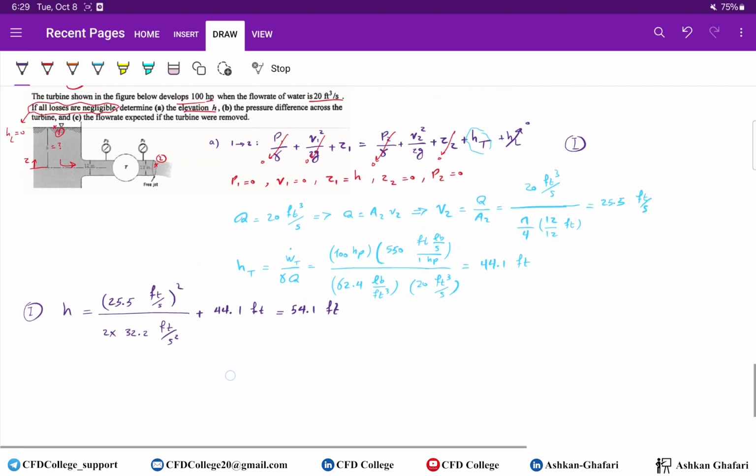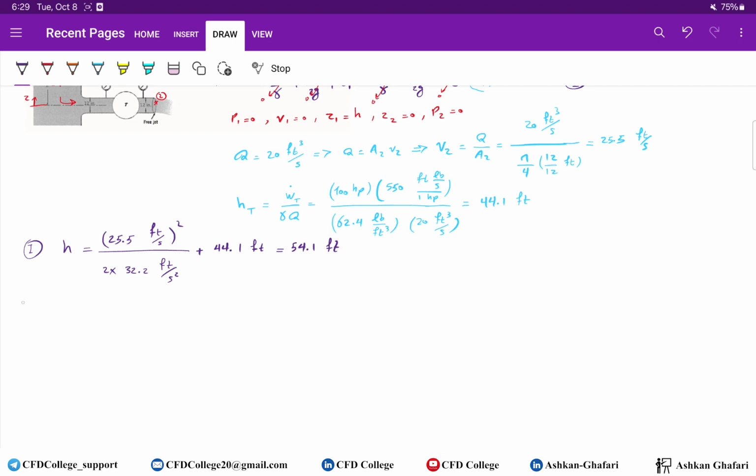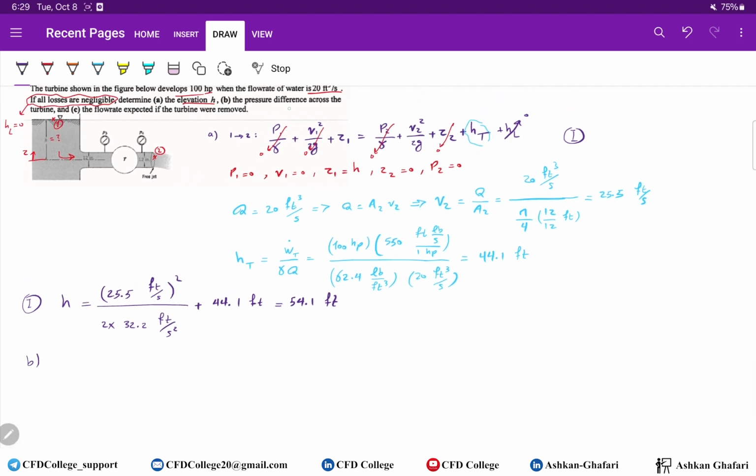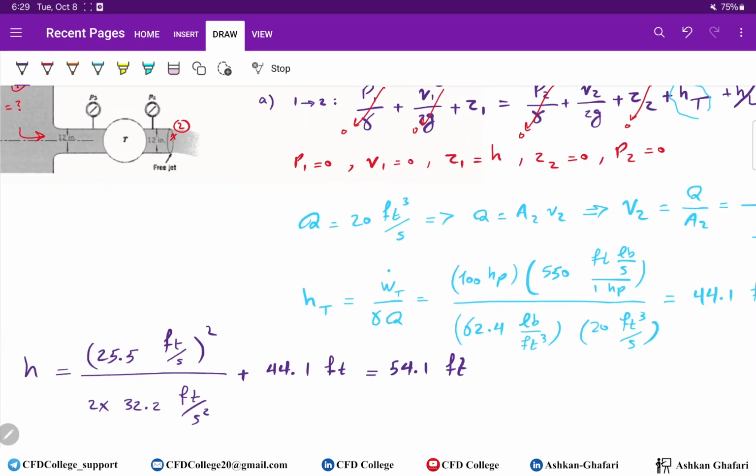Now part B, we should find the pressure difference across the turbine. It's easy now because we already know our key points, point 3 and point 4.